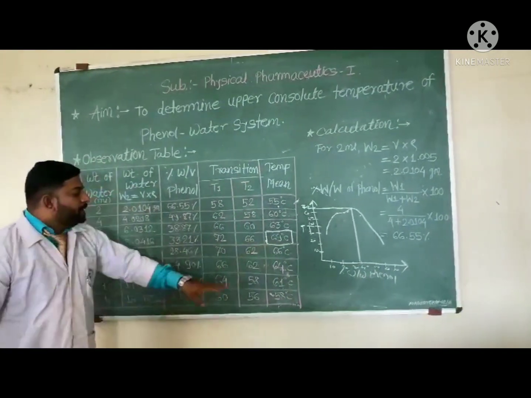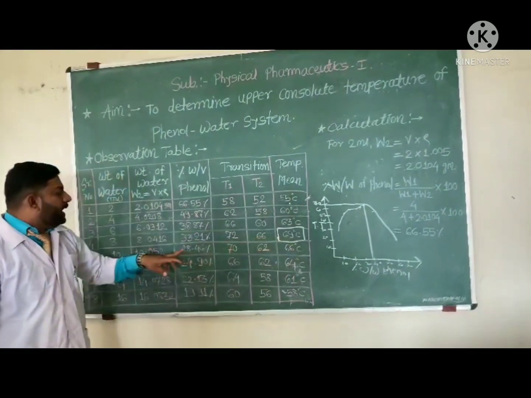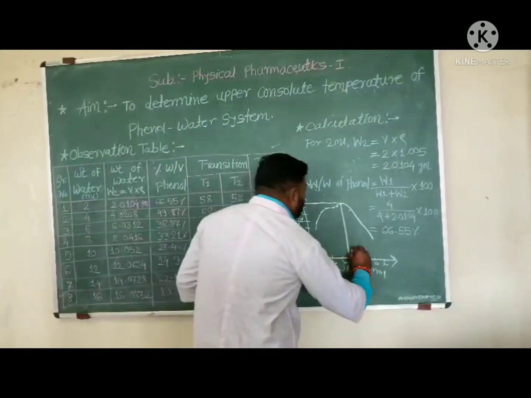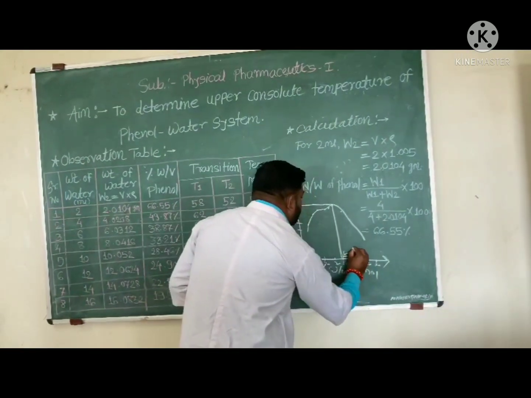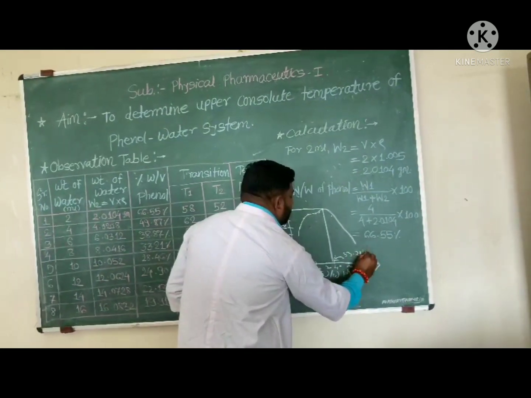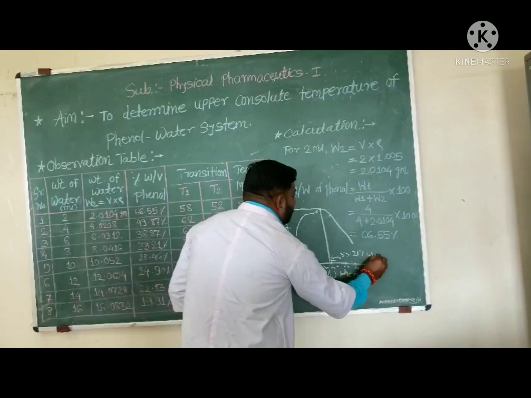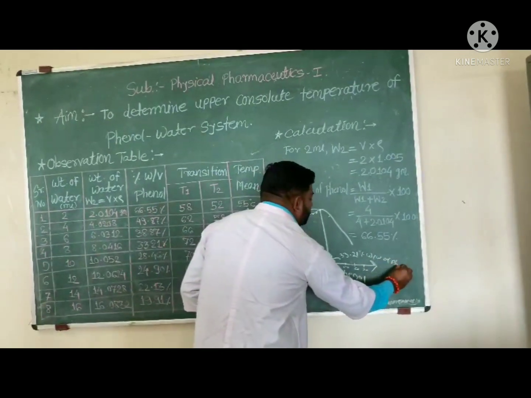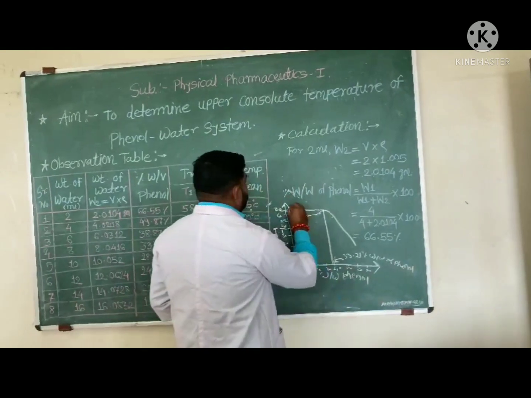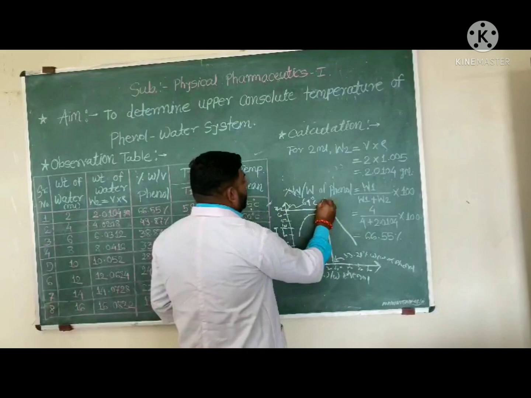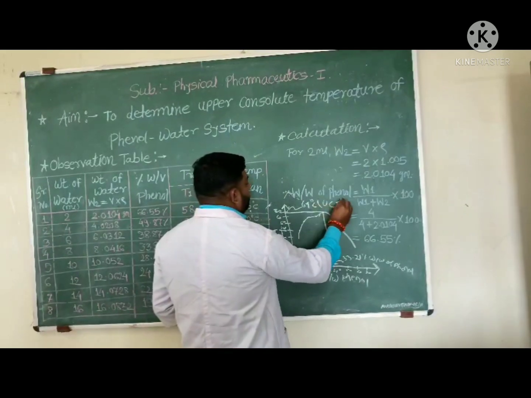At 69 degrees Celsius, the percent weight by weight of phenol is 33.21%. Here we write down 33.21% weight by weight of phenol, and here the temperature is 69 degrees Celsius. It is called the upper consolidated temperature.